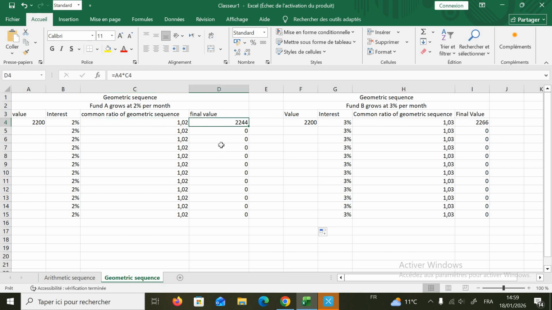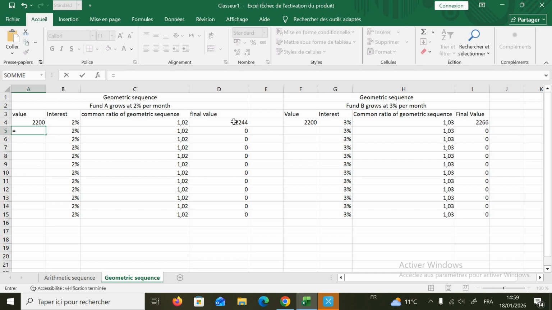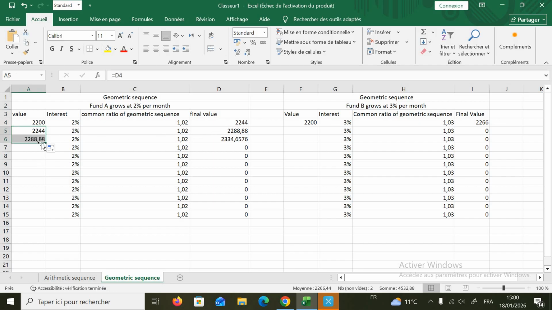It will give us 2,244. That value becomes the reference for the second month. 2,244 multiplied by 1.02 will give us 2,288. It's the same here, so I'm going to generalize that.